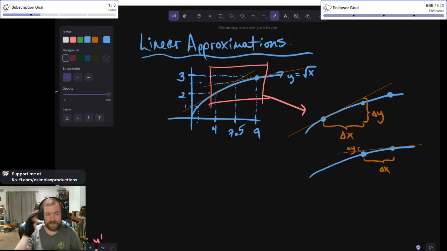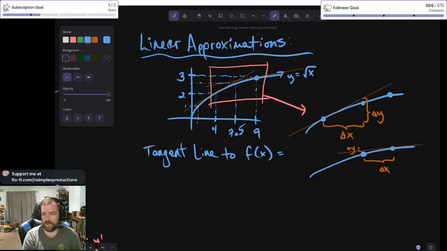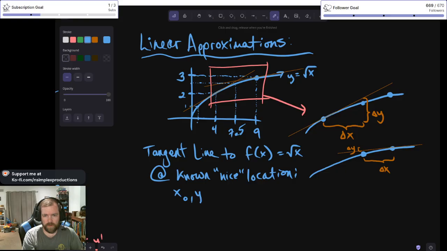So we want the tangent line to f of x, which in this particular case is equal to the square root of x, at a known, nice location, x0, y0.